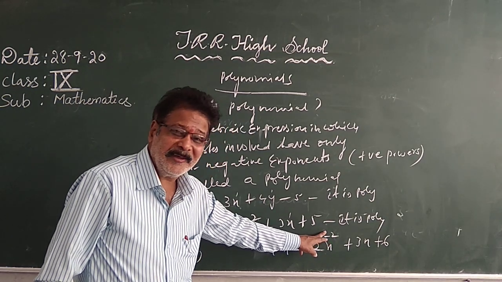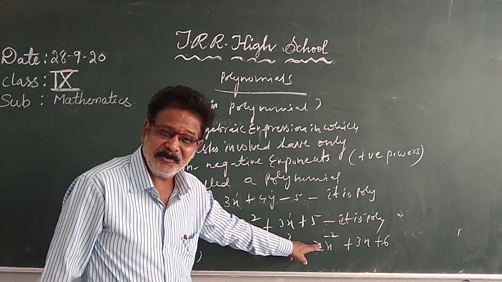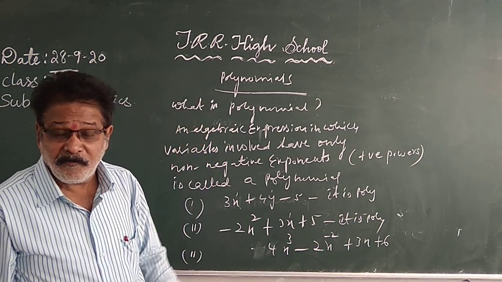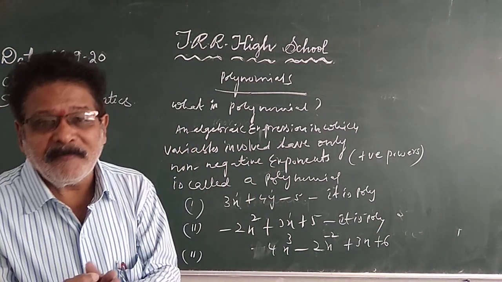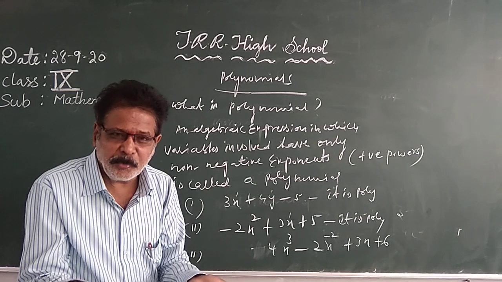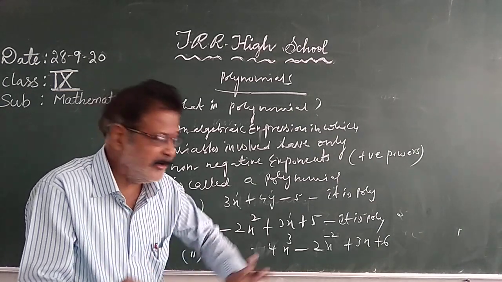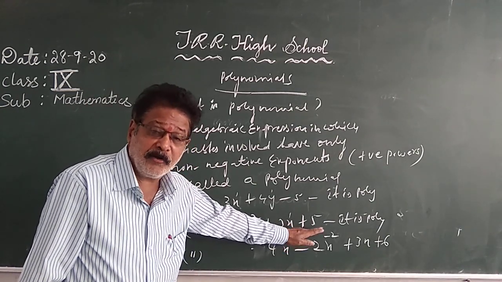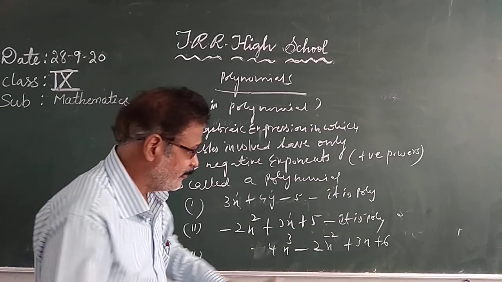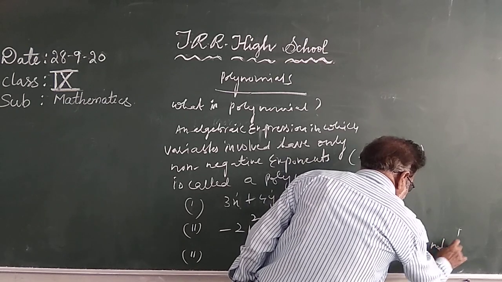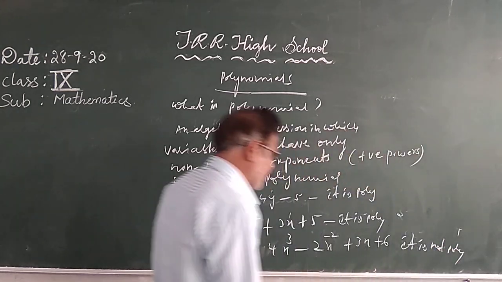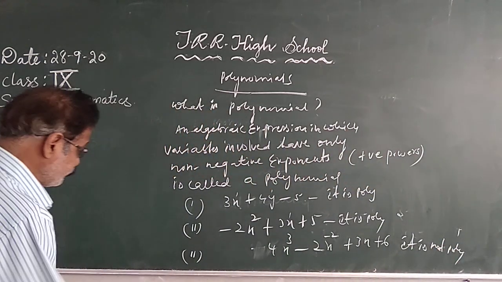The power of x is negative here. It is not positive. A polynomial must have positive powers. Otherwise, it is not polynomial.